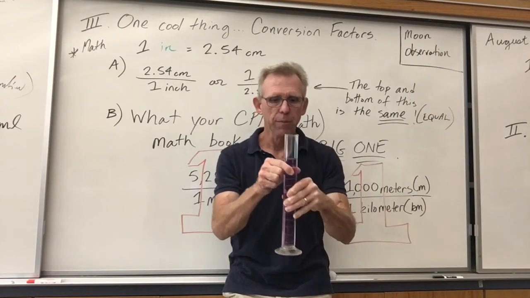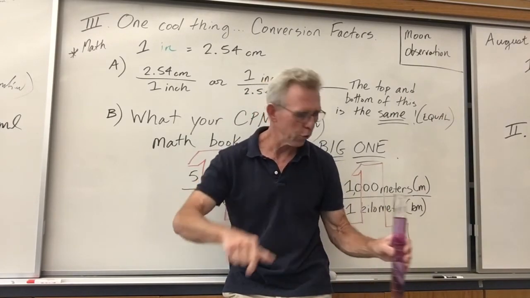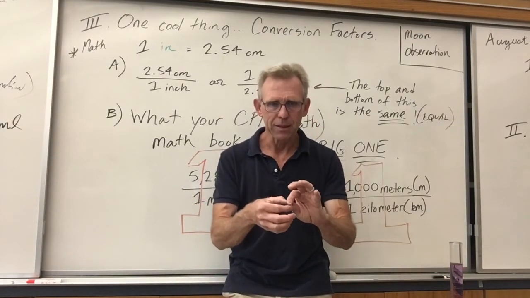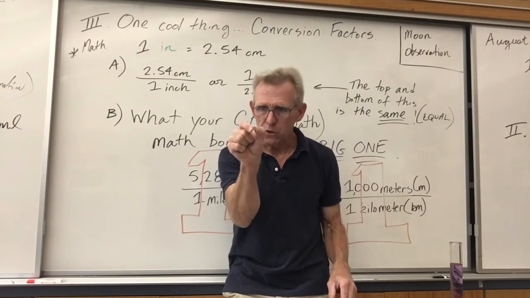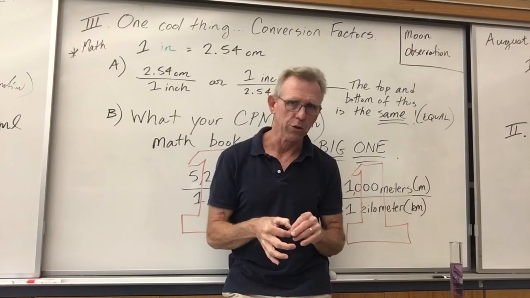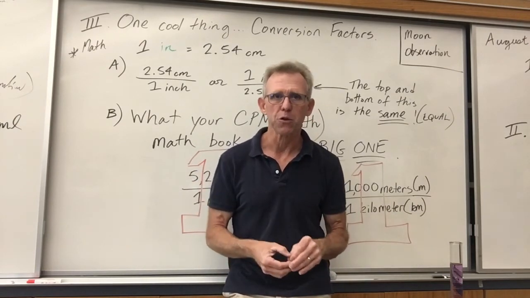In other words, if I were to take this 250 milliliters and pour it into a cube-shaped container, it would take up exactly the same space as 250 of these little blocks. Metric system is super, super easy to use. It's completely awesome. And that's why they talk about it right away in the first 10 pages of our book.